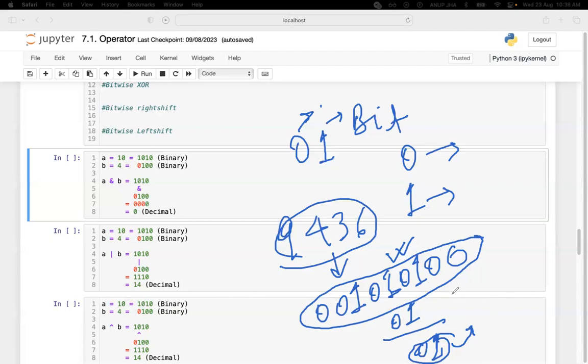After it returns, the interpreter will convert that into a form which is understandable by us, and finally we get that as an output. Hope you guys understand this. So now let's understand.